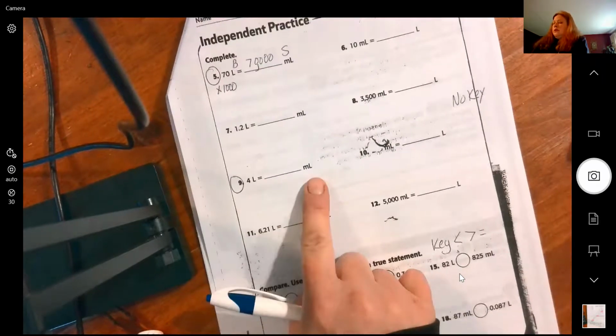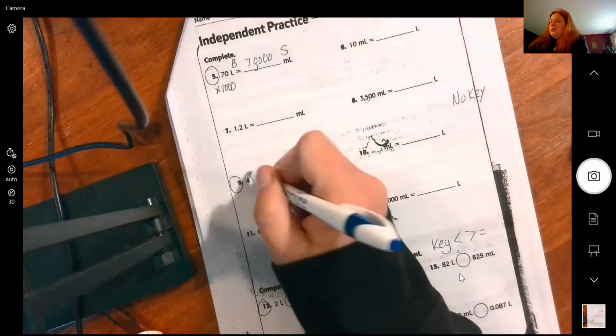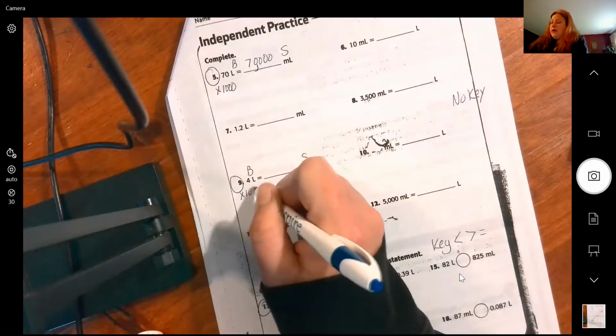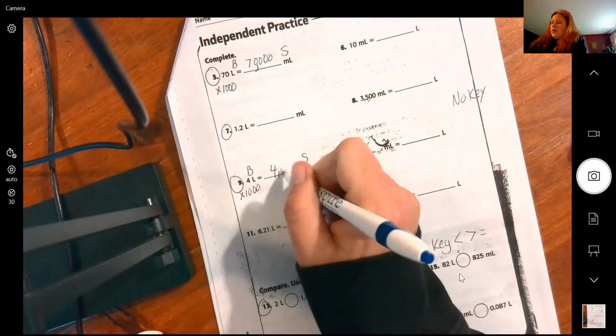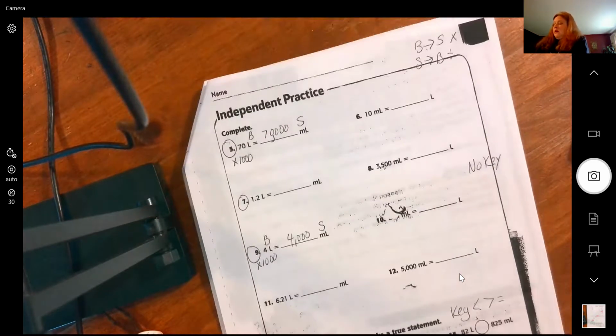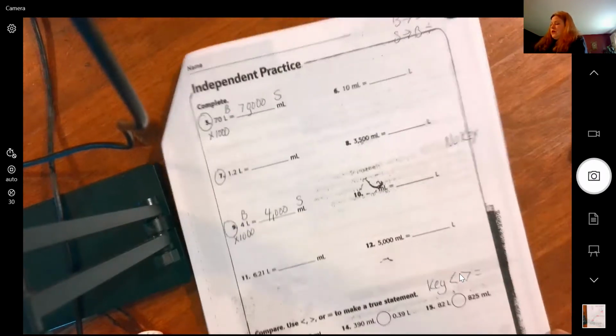Liters to milliliters, big to small, which means we need to multiply. Let's see this one too. 4,000. Oh, let's do one of these over here.